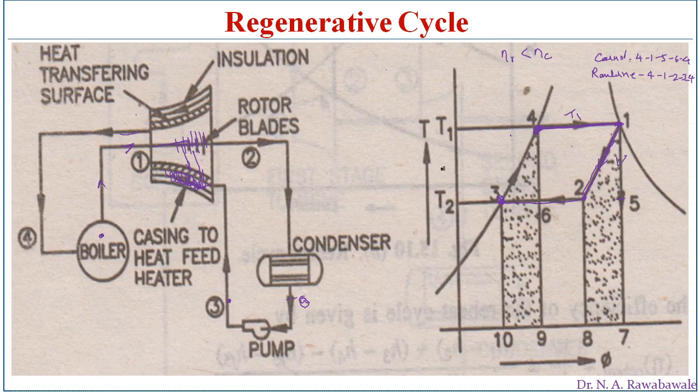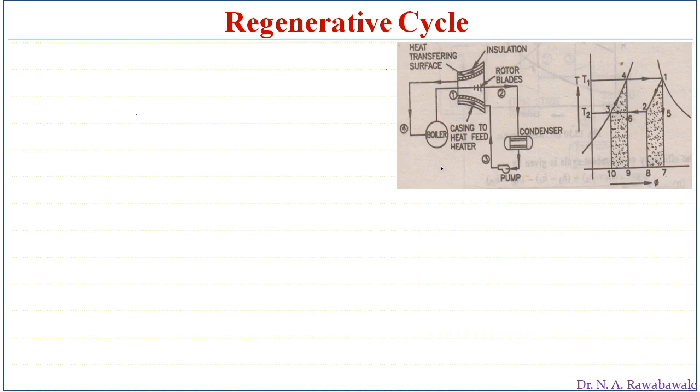So what we can write here is, if the system is isolated, if this turbine is isolated, there is no transfer of heat from the turbine to the surroundings, or from the surroundings into the turbine.